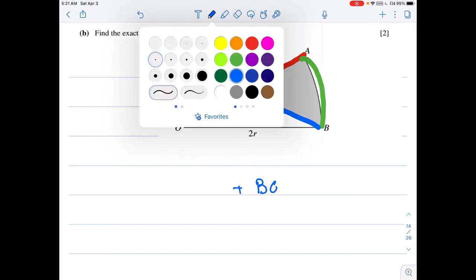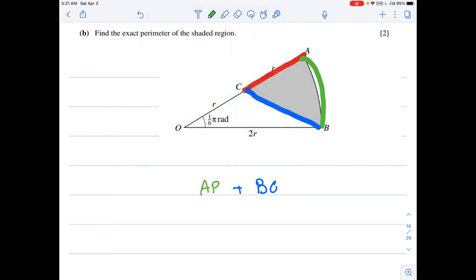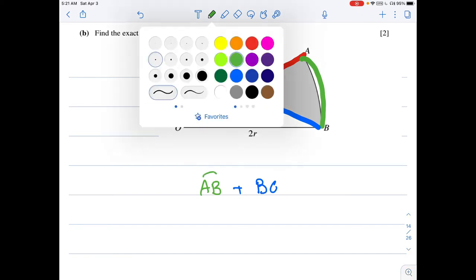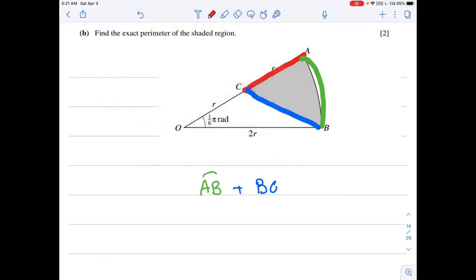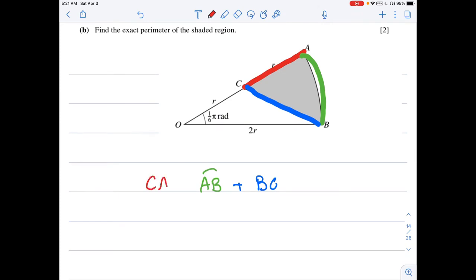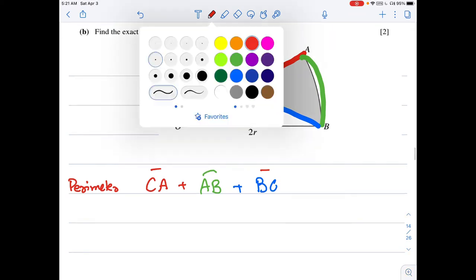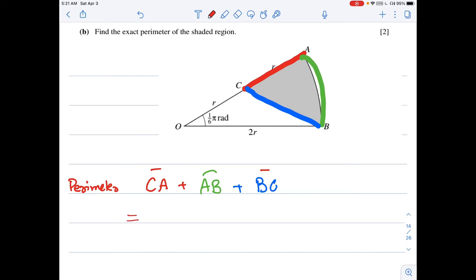The second part was the arc AB, and the first part was AC or CA. So these are line segments. I have to find the perimeter, so whenever I add all this, I am going to get the perimeter. So how should I add it?